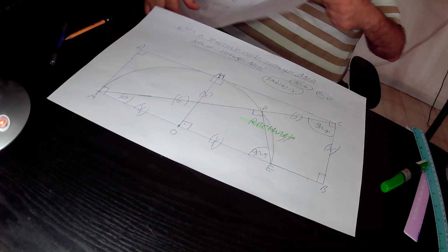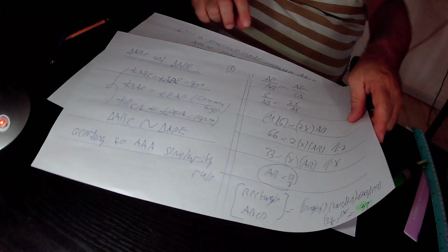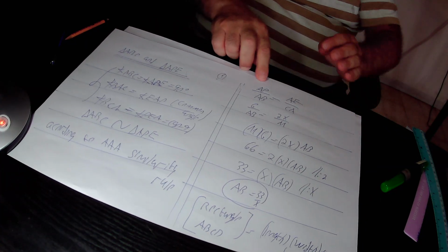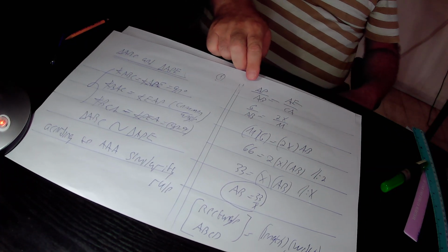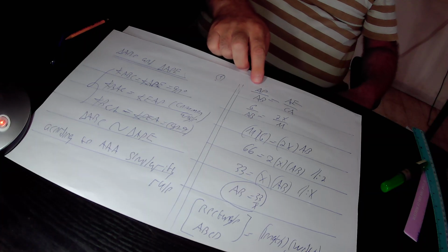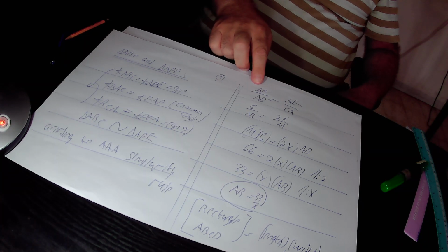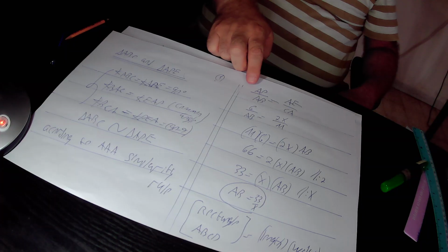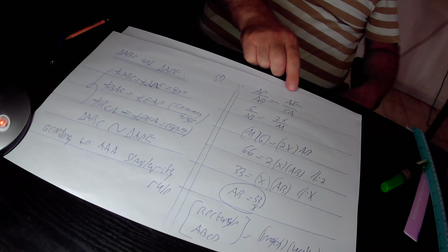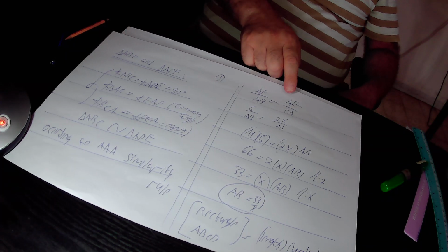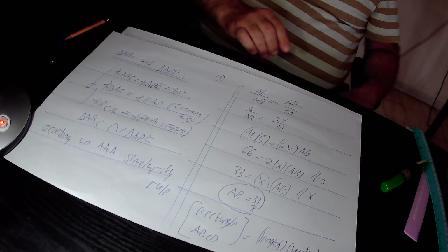So I'll repeat again. Side AP of the small right triangle APE or side AB of the big right triangle ABC equals side AE of the small right triangle APE or side CA of the big right triangle ABC.